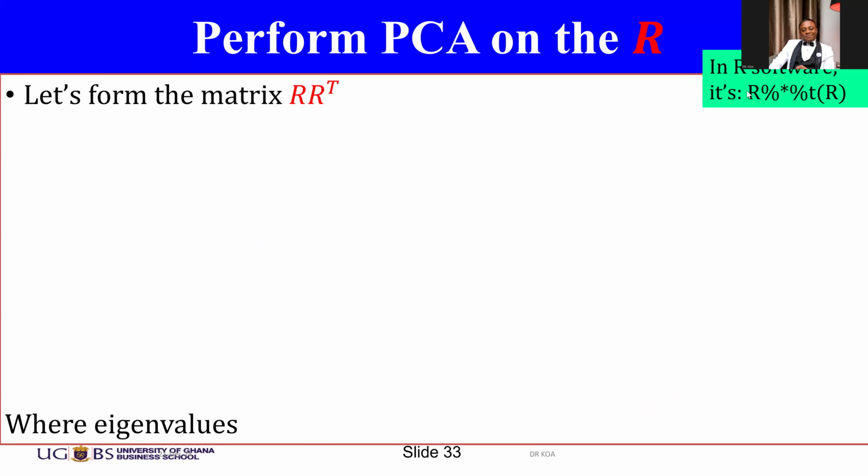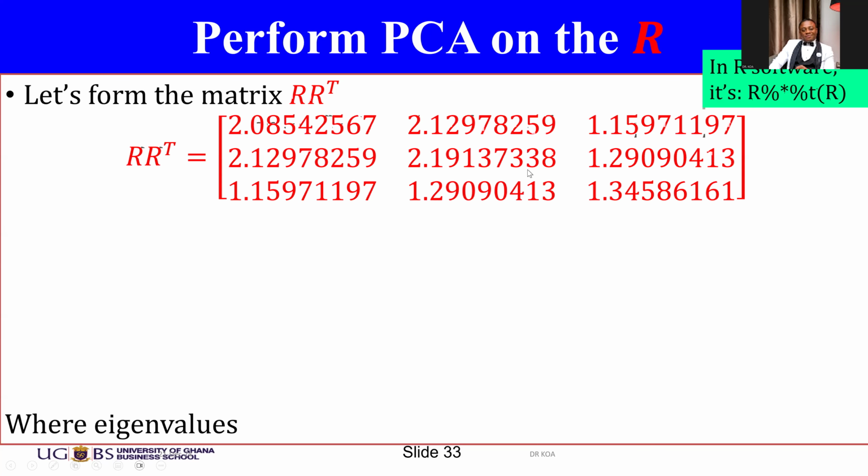When you use the R software, that multiplication is done as R, percent times percent, transpose of R. That's how you do it, and it will generate some values for you. Don't worry, we'll do the same thing in Python. This is what you get.